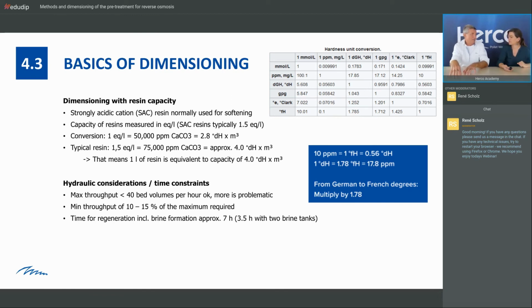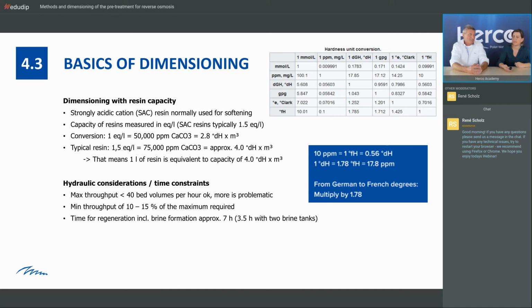The Herco softener has a name like Duodrol 2900, and the figure 2900 is the capacity in cubic meters by degrees German hardness. Divided by 4, you come to the liters of resin in one exchanger.